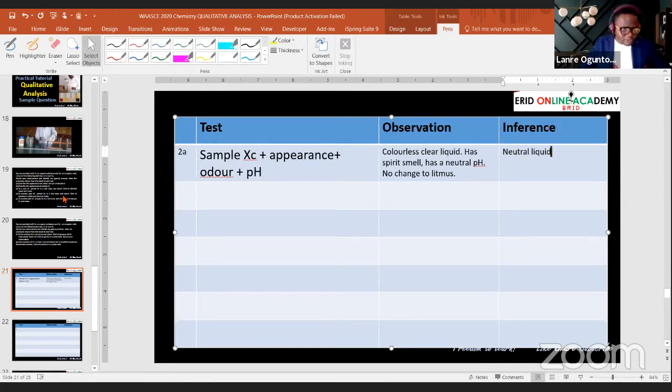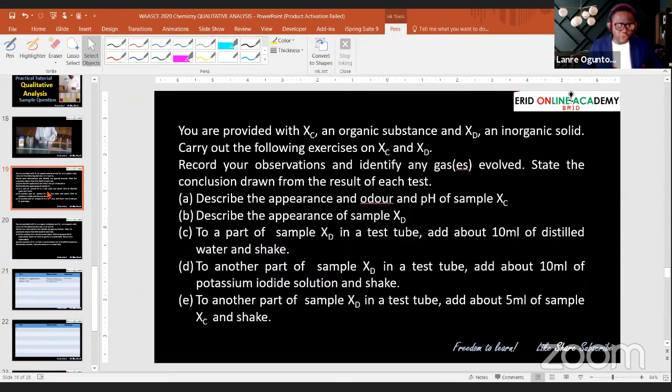So now let's go back to the question. We have looked at question A, and question A told us to describe the appearance, and we have done that. Now let's move on to question B. I hope no one has a question on the first part that we just did.